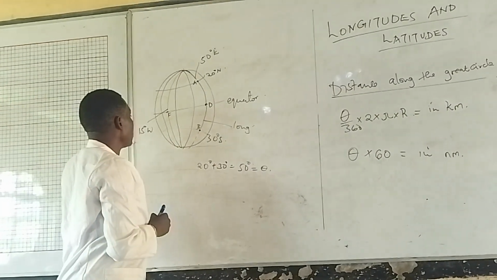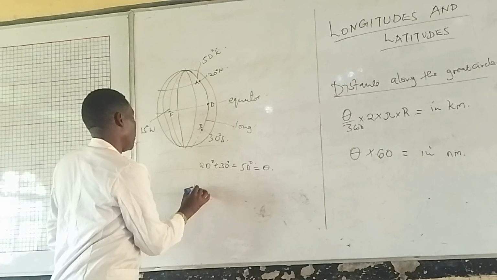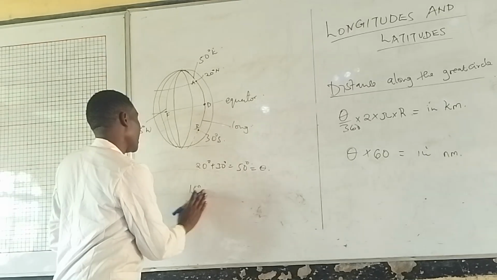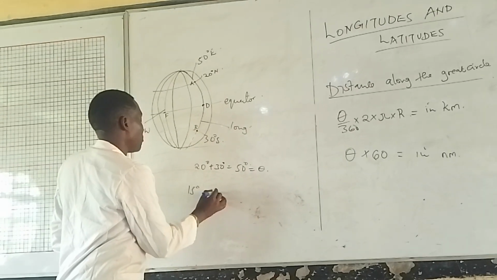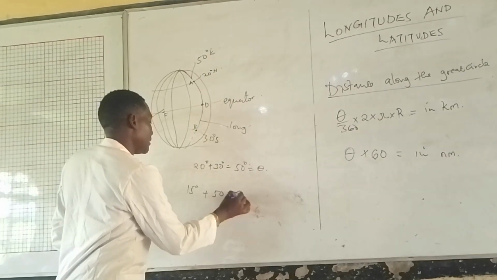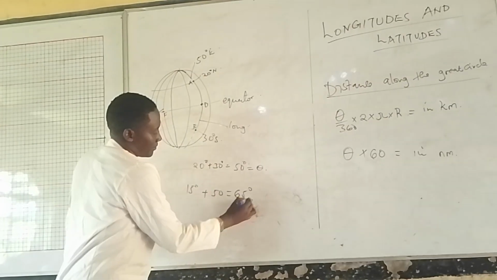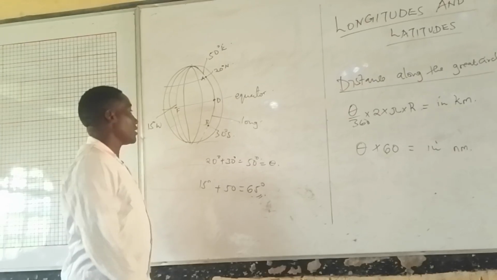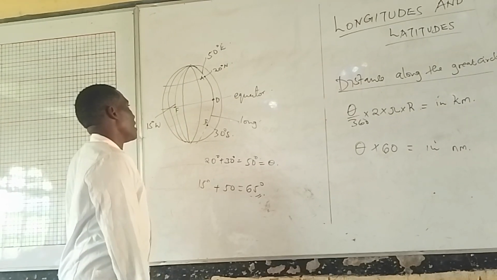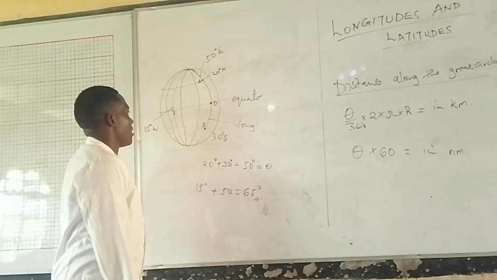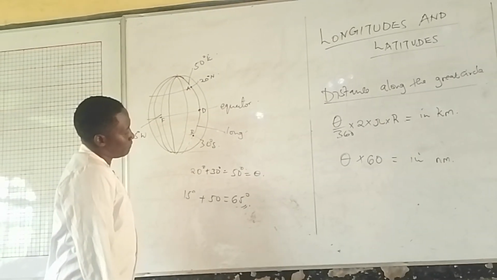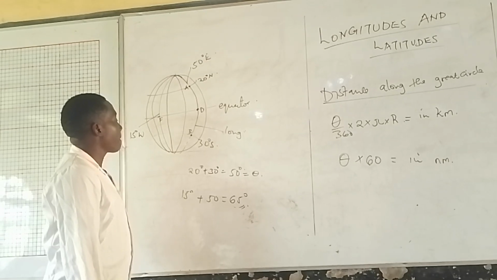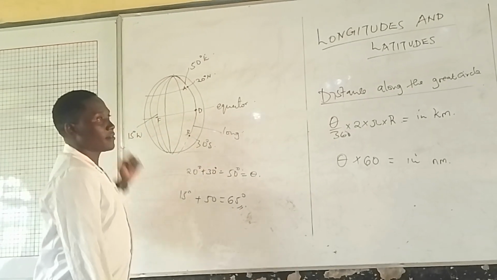What we would have done is take 15 degrees west, so that is 15 degrees plus 50 to get 65 degrees. That is the angle difference in that case. Why is it the angle difference in that case? It is because, number one, it is along the great circle.